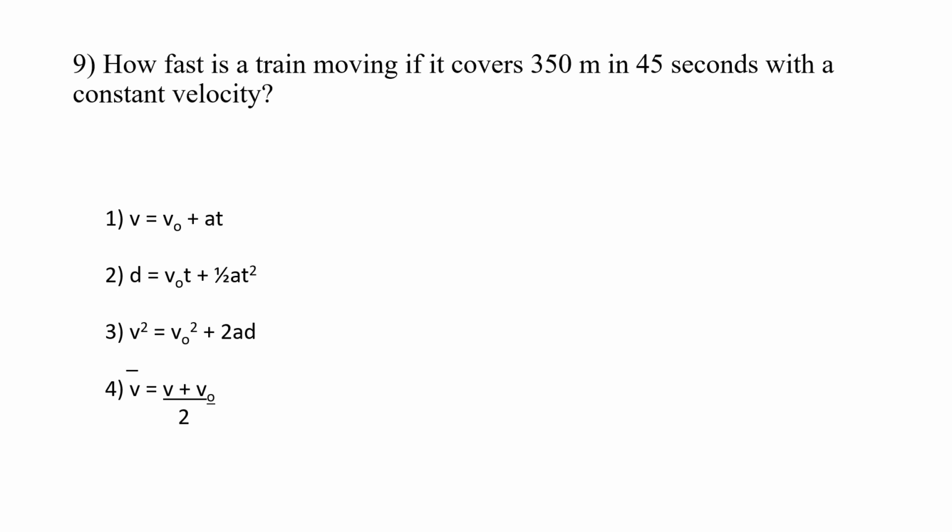How fast is the train moving? Okay. I don't know. That's a velocity. I don't know which one yet. If it covers 350 meters, that's clearly a distance. And 45 seconds.